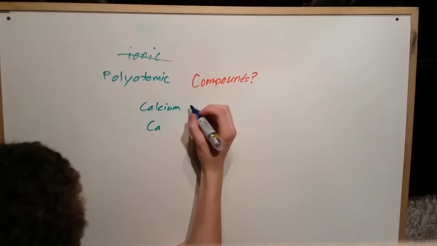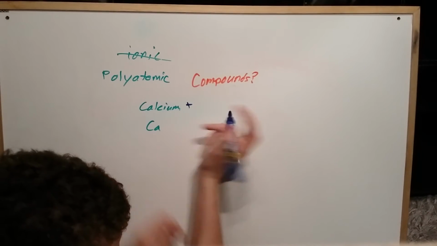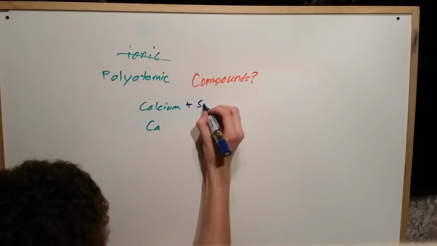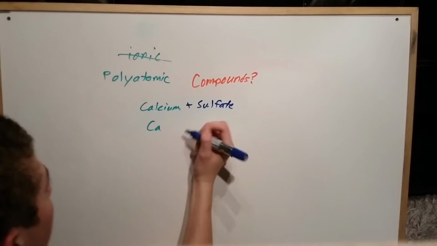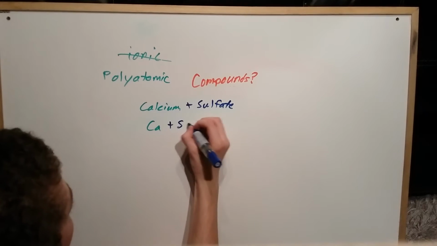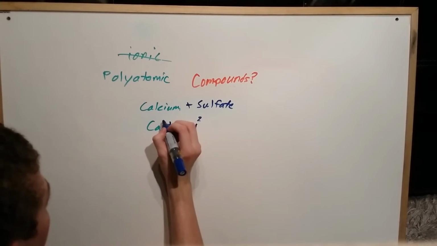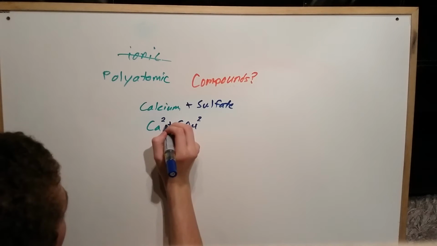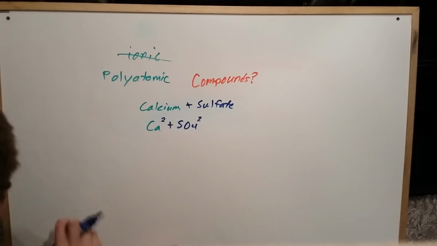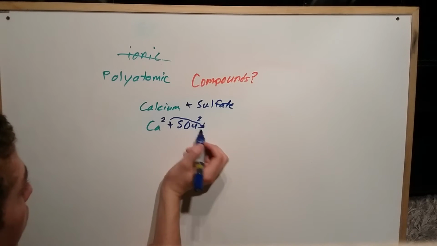So we're going to do calcium plus sulfate. Sulfate is SO4. Now sulfate has a charge of 2, and calcium has a charge of 2. Normally you're going to do what's called a crisscross applesauce. So this 2 is going to go over here, and this is going to steal it.